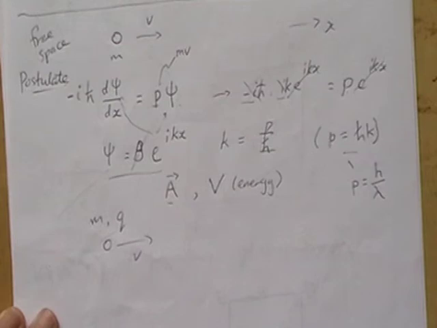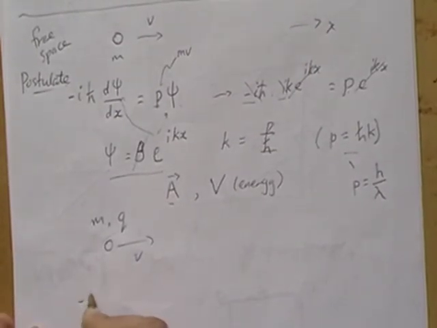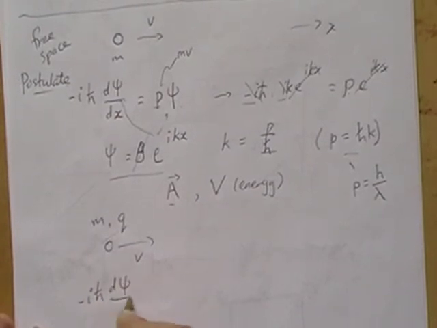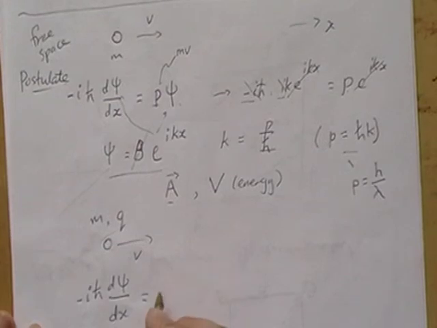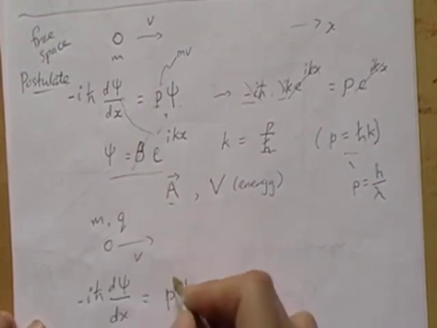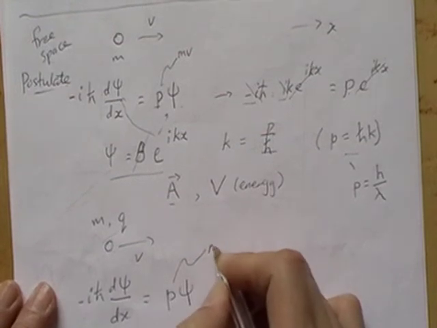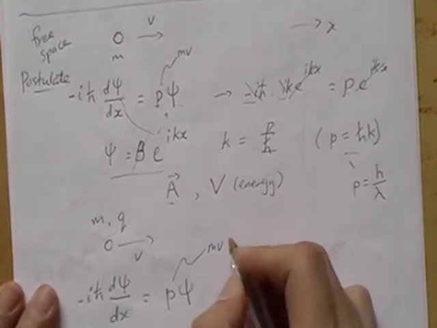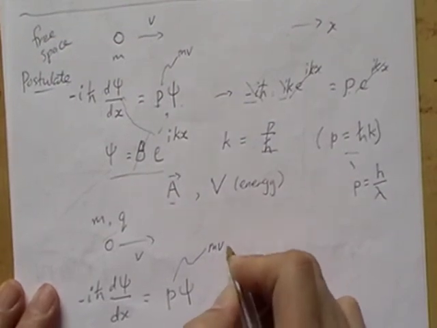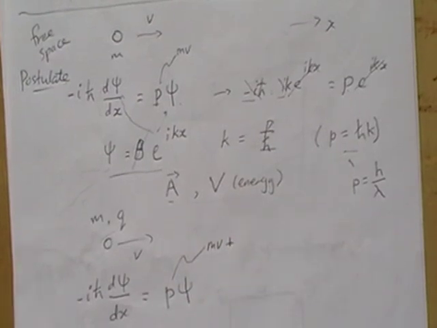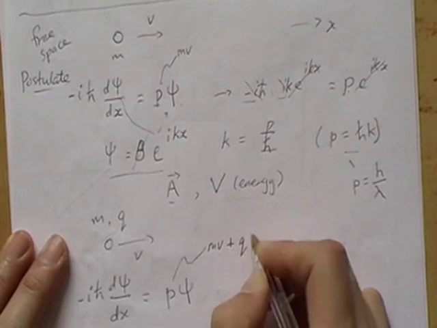So if I write down the postulate now, it would be the same as that, except that this time p is not just mv. p must be mv plus the field momentum qA.